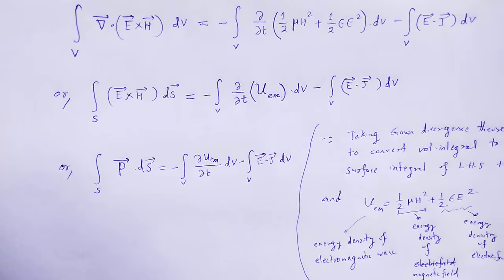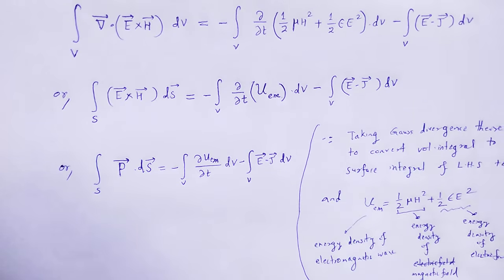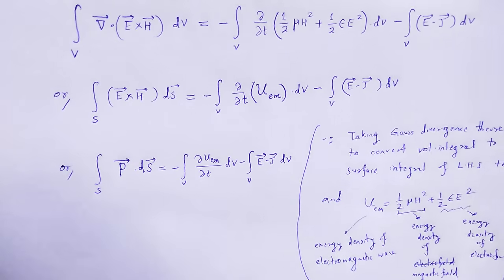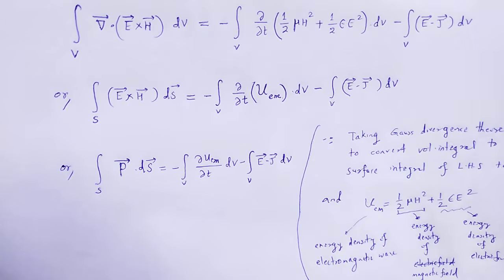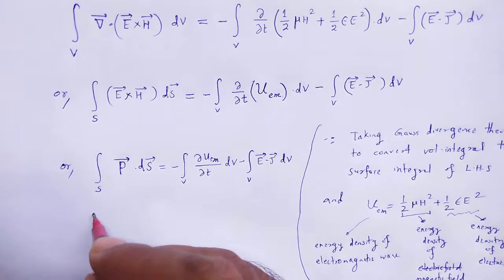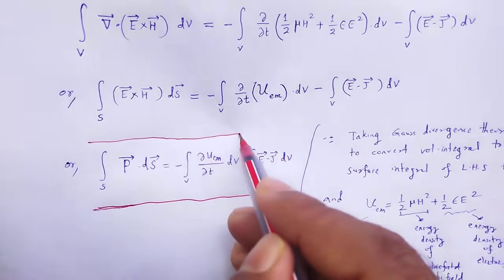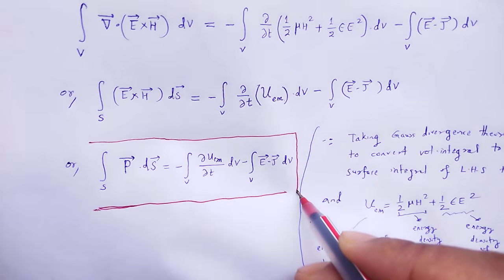Here E cross H is equal to P vector, that is the Poynting vector. This is the expression of Poynting theorem.